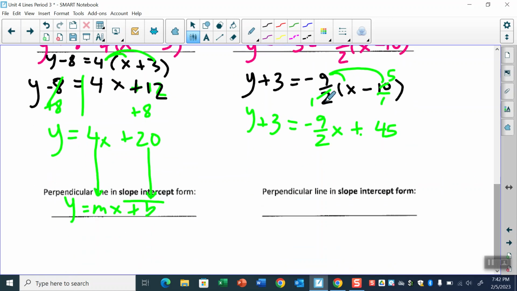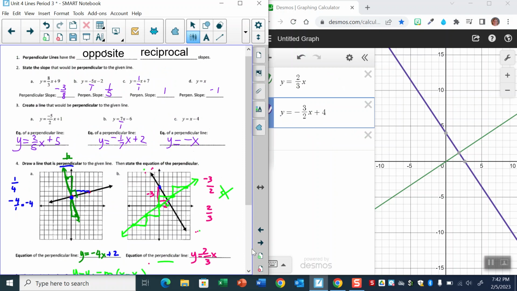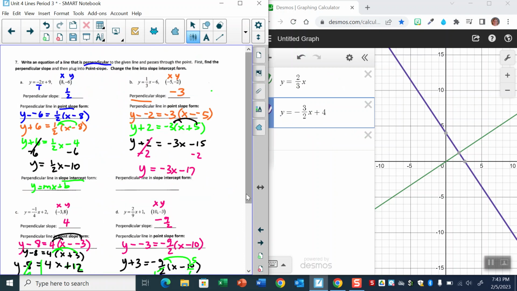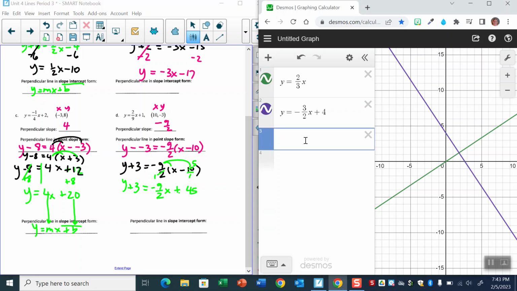Okay, or you just times that. You could just use Desmos if you want, and just take your -9/2, right, -9 divided by 2 times -10.